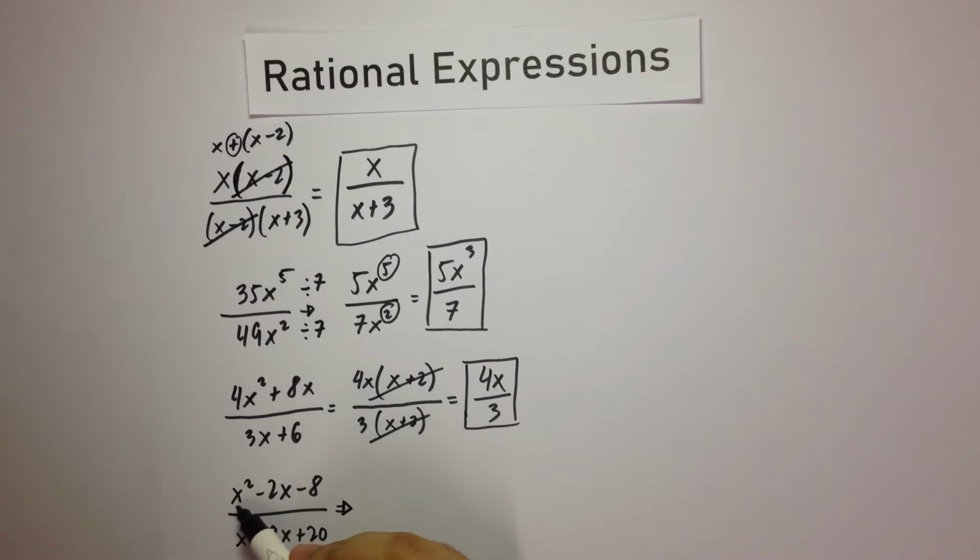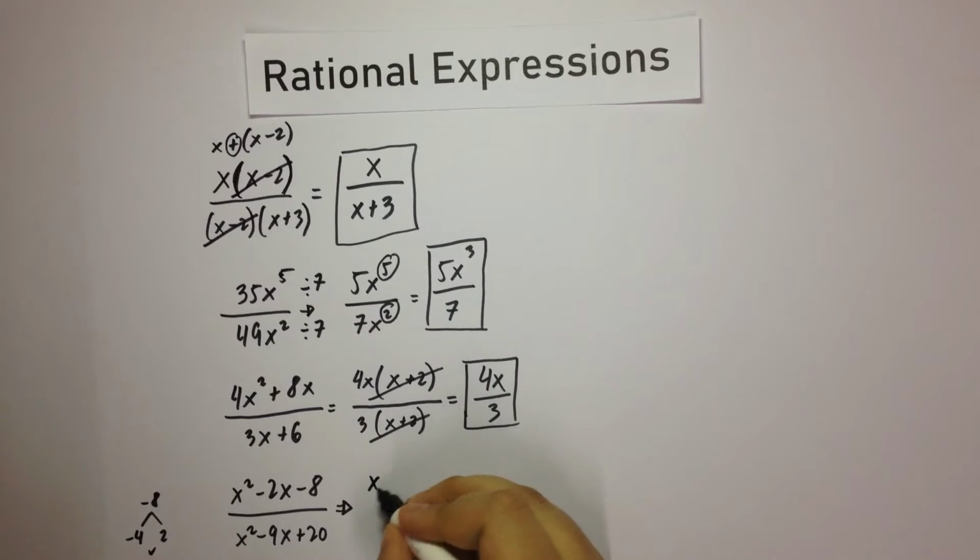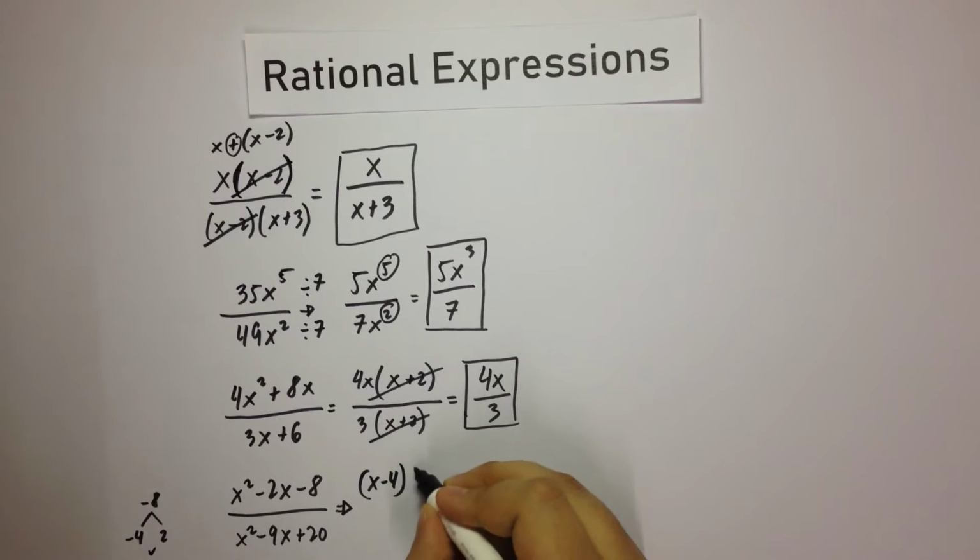In factoring this, we must find two numbers that, when multiplied, give negative 8, but when added to each other, give negative 2. Let's try negative 4 and 2. Negative 4 multiplied by 2 is negative 8, and negative 4 plus 2 is negative 2. So we can use both. So we can say (x minus 4) and (x plus 2).